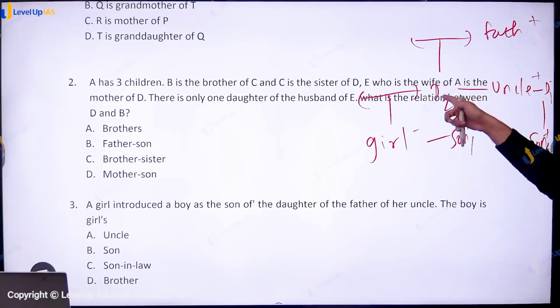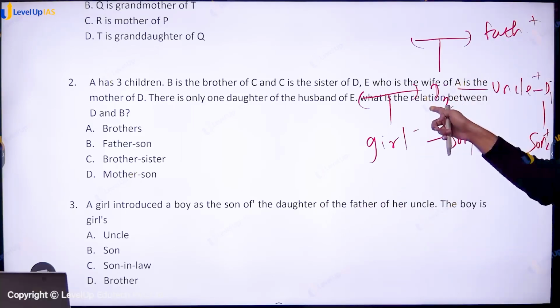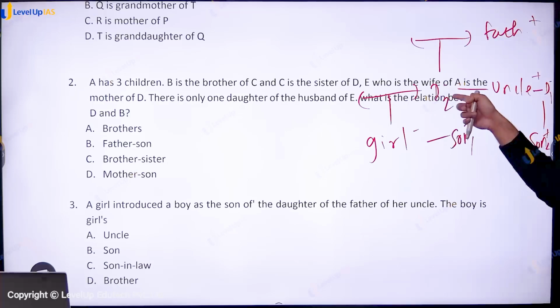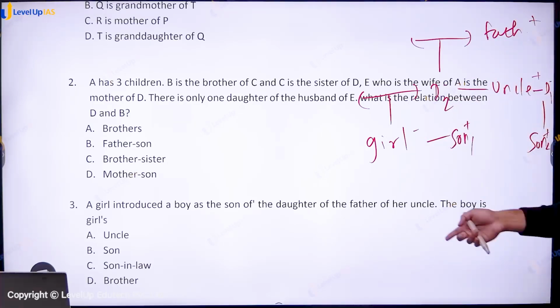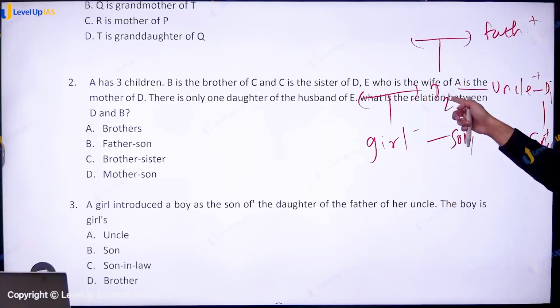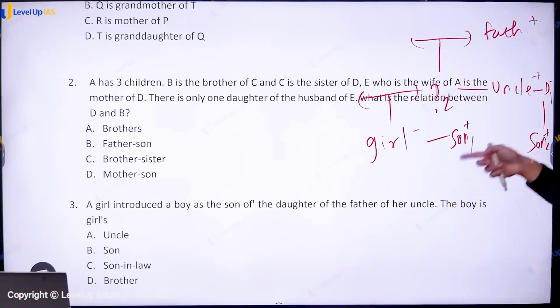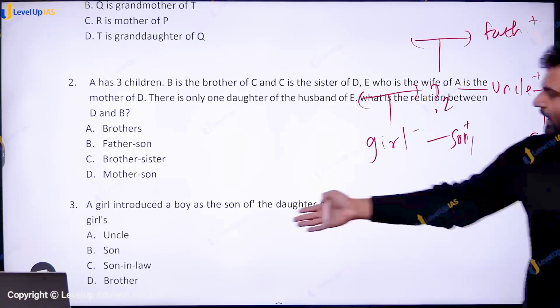So father, and then he's talking about daughter of that father. So daughter could be your mother, or daughter could be another sister of the uncle. And then son. The daughter's son, sorry, if it is your mother, then son could be your brother, or if this is this daughter, then son could be your cousin, and that is not in the option.